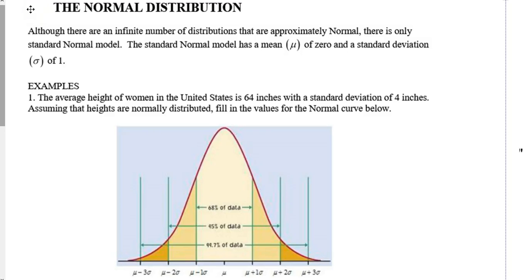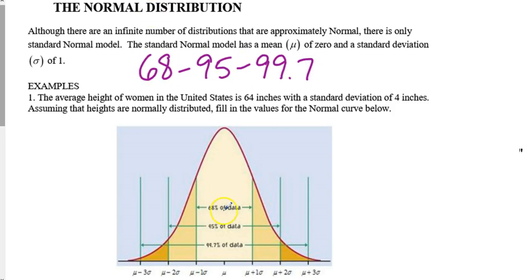In this recording, we're going to learn how to use the normal curve, the normal model here, which we looked at in our last lesson, to make some predictions. This is just a model, and it's an imperfect model. If you remember, we had this rule, 68, 95, 99.7, which says that within one standard deviation of the mean, this is our mean, the mu, plus 1 to minus 1 is 68%.